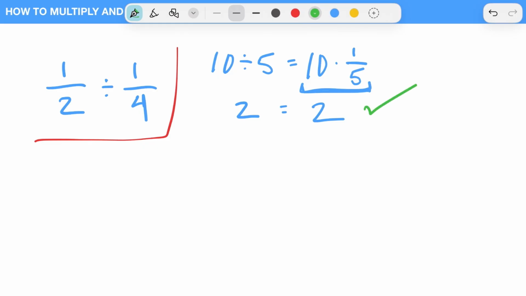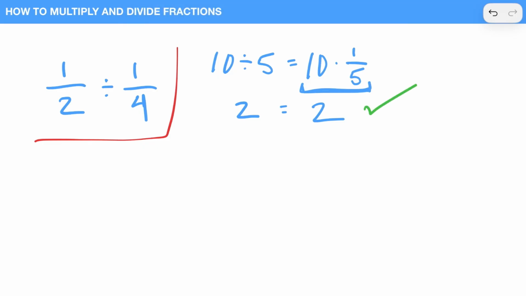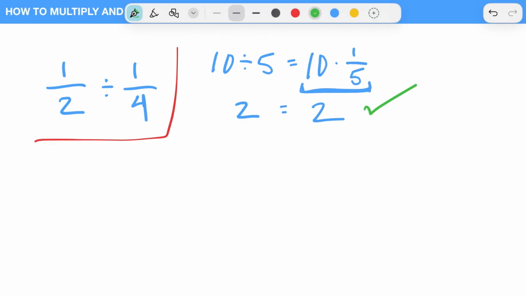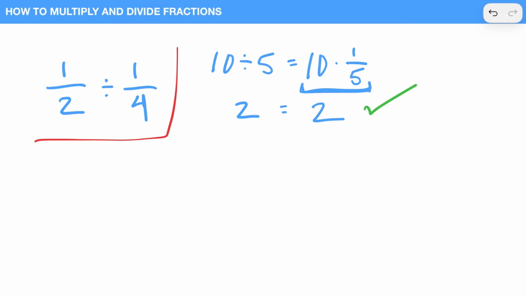There's a special relationship here known as the reciprocal. This 5 and this 1/5, they are what are called reciprocals of one another. A reciprocal is just when you take a number and you put it on its head. In this case, 5, that's really the same thing as 5 over 1.